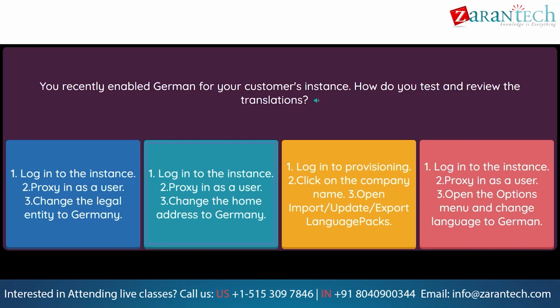Change the home address to Germany. Option 3: 1. Log into provisioning. 2. Click on the company name. 3. Open import/update/export language packs. Option 4: 1. Log into the instance. 2. Proxy in as a user. 3. Open the options menu and change language to German.